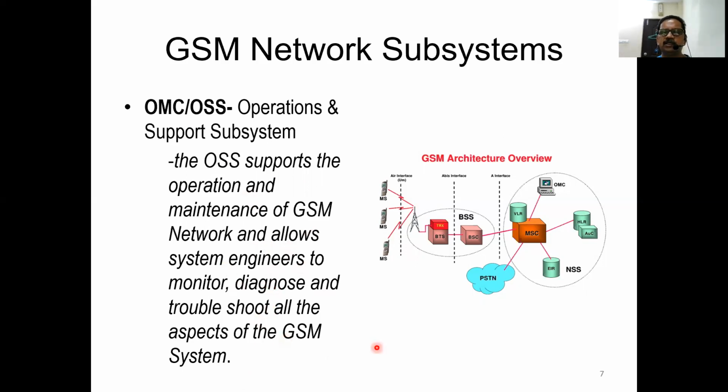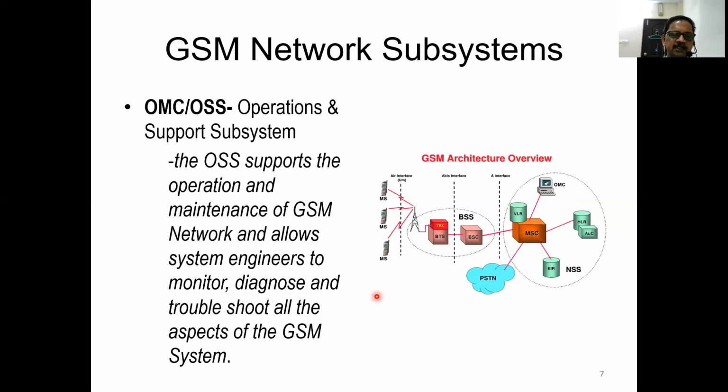It continuously, as I said, 24/7, monitors the state of health of all the network elements in the GSM. So it will monitor BSC, BTS, MSC, and also HLR, AUC, and all these things.